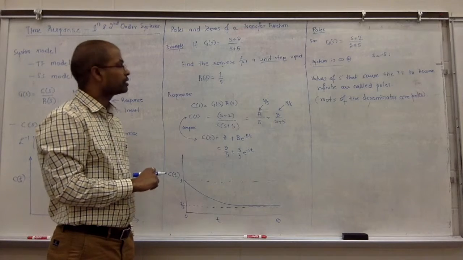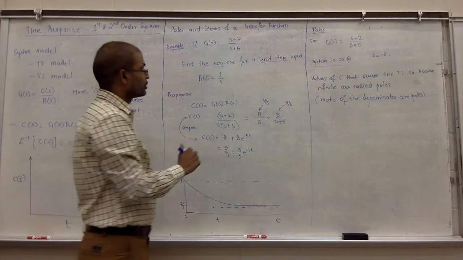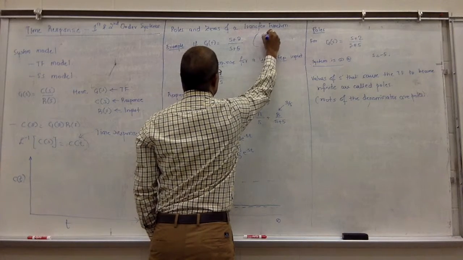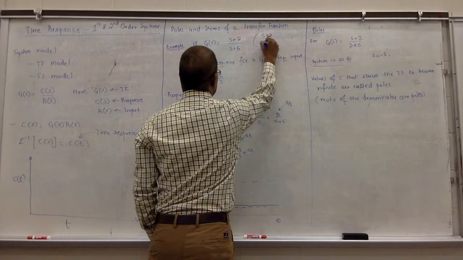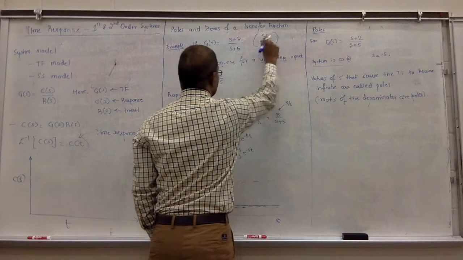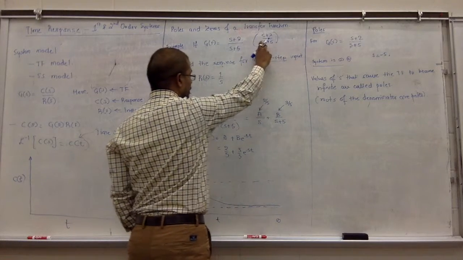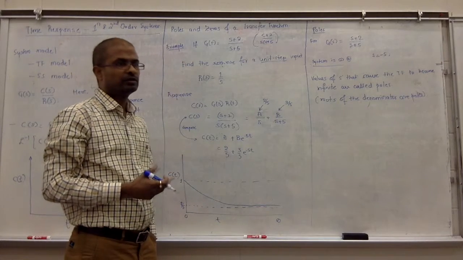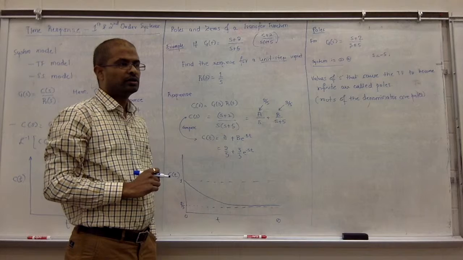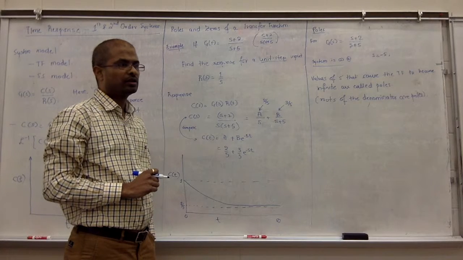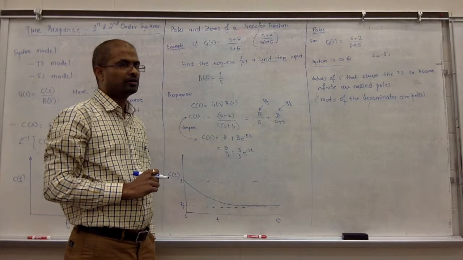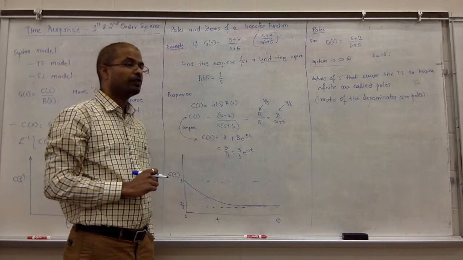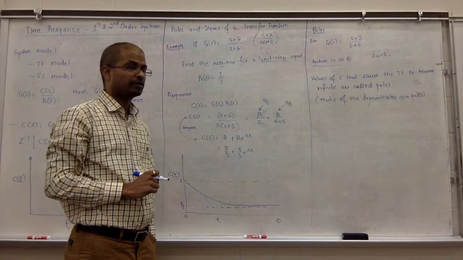Now if the system itself was s plus 2 over s into s plus 5, this would be a second order system. What impact would it have? In that one, 0 would be a root, but that would not have a significant impact.